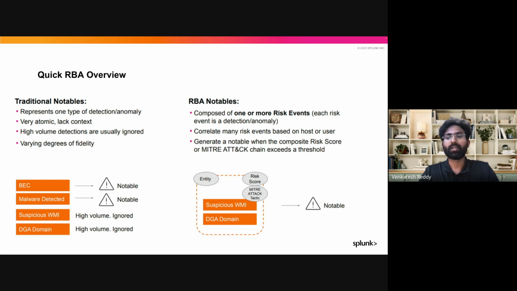So it will be a notable that has a risk associated with it. We also tie that notable to a user, a host, or a system, whatever we want, which is called the risk entity. We group it to a particular source, user, or host.